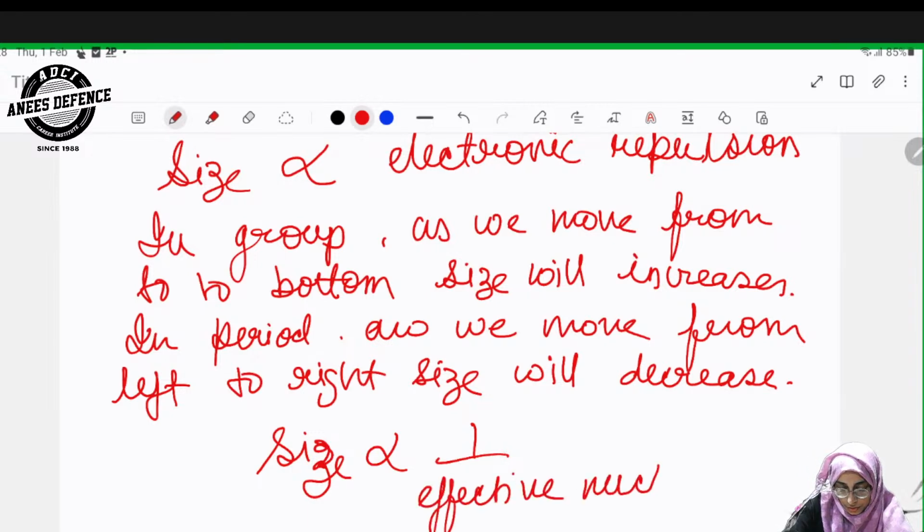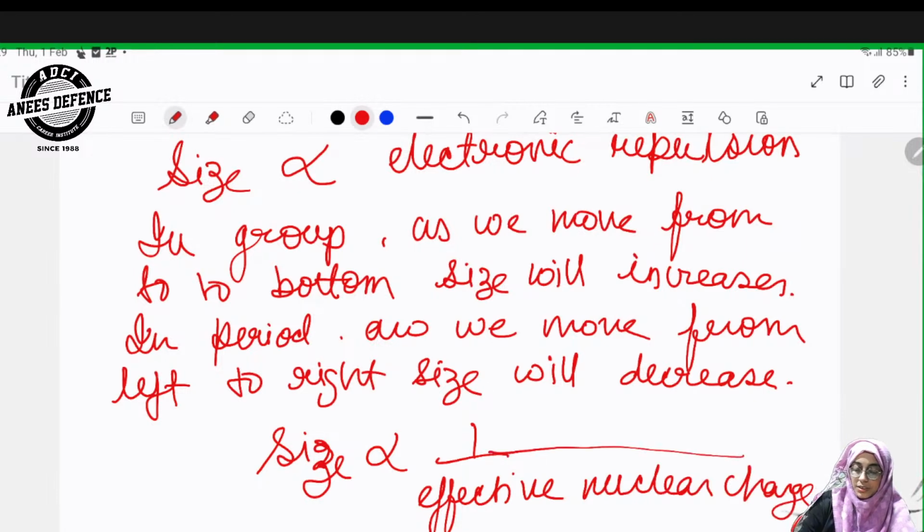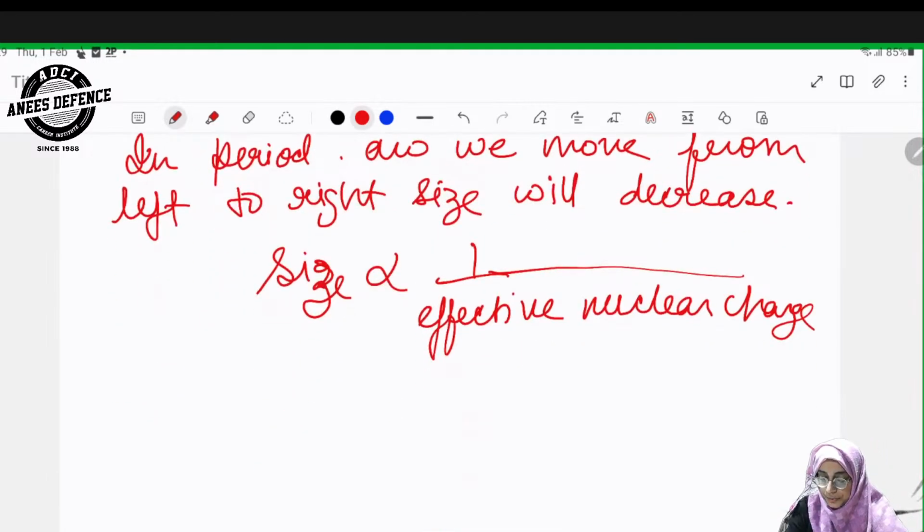So what happens in the period? The number of atomic orbitals remains the same, but the number of electrons increases.